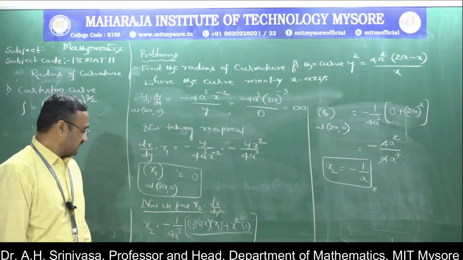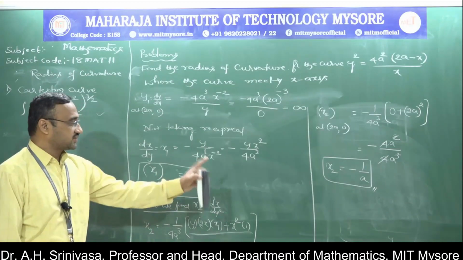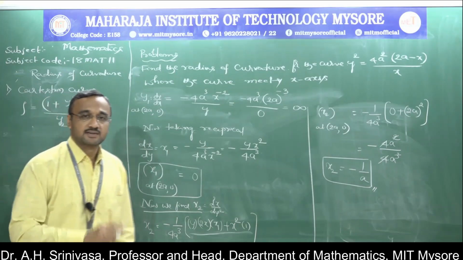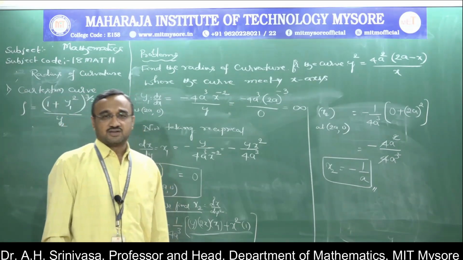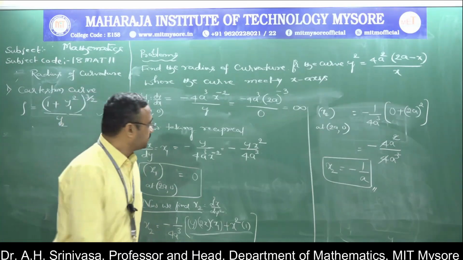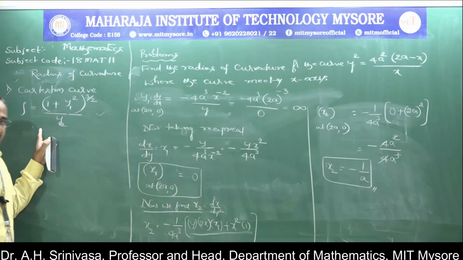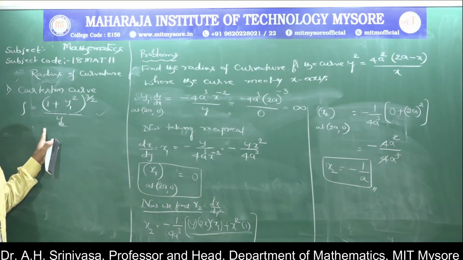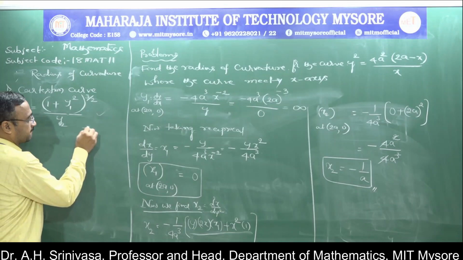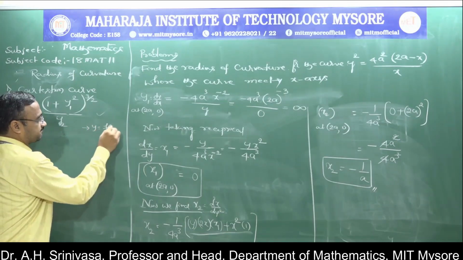Now after getting x1 and x2, your x1 value is 0, x2 value is minus 1 by a. Then apply the result, the radius of curvature in the Cartesian case. One thing you have to remember here, the formula I am writing here is the radius of curvature for a curve y equal to f of x.